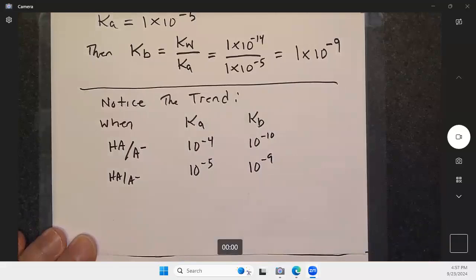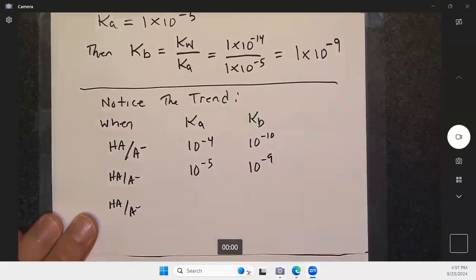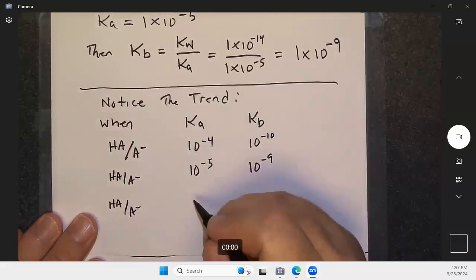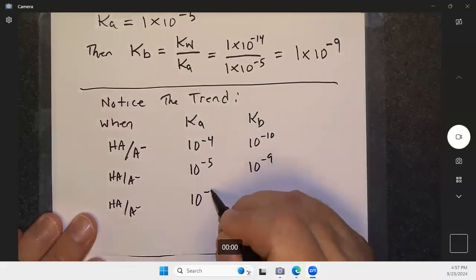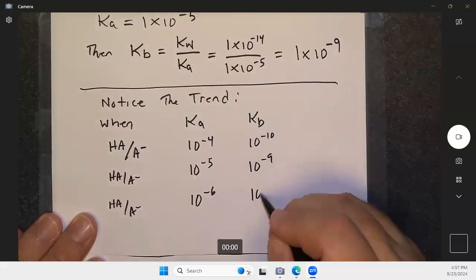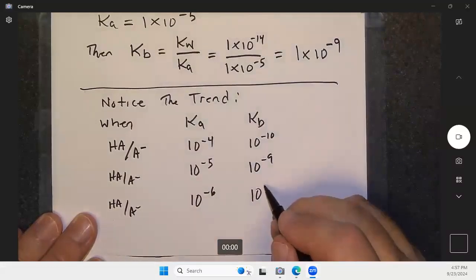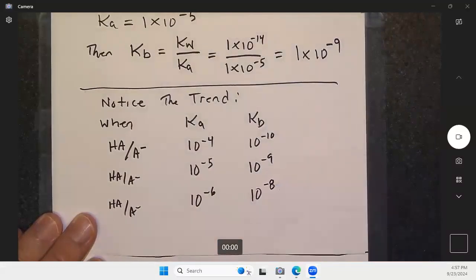Now let's consider another pair, HA over A minus. Again, generic, but this time Ka is 10 to the minus 6. Then Kb is going to be, if you go through the same thing we did earlier, 10 to the minus 8. You can prove that to yourself.